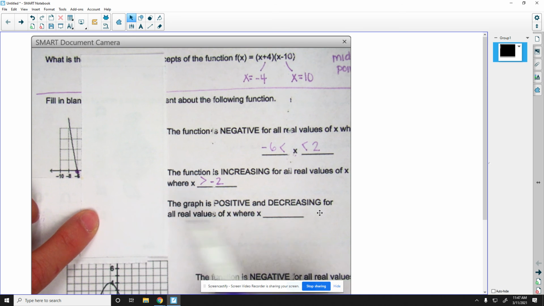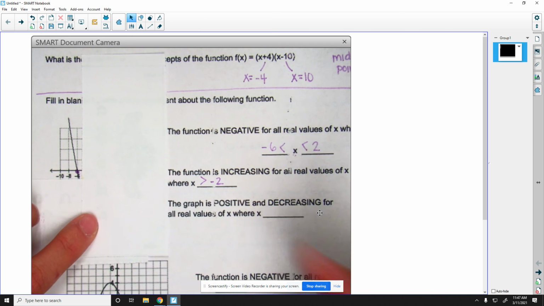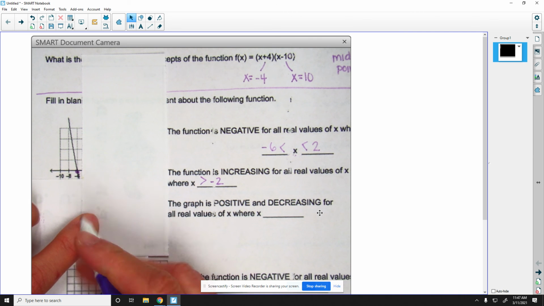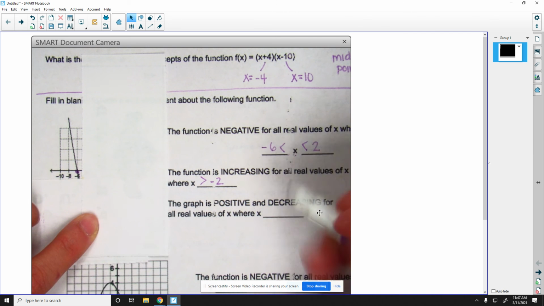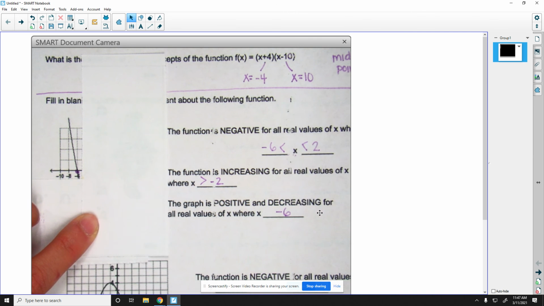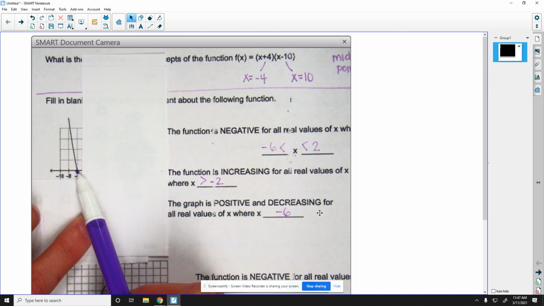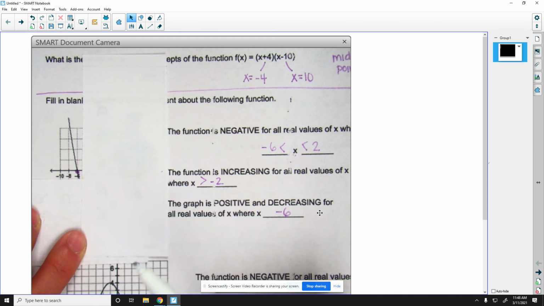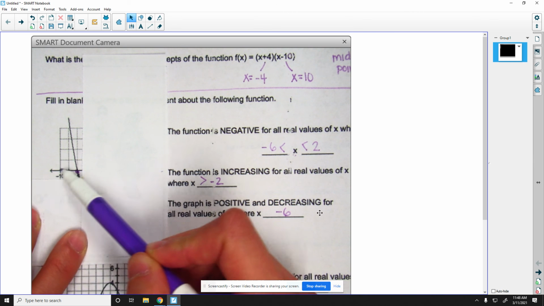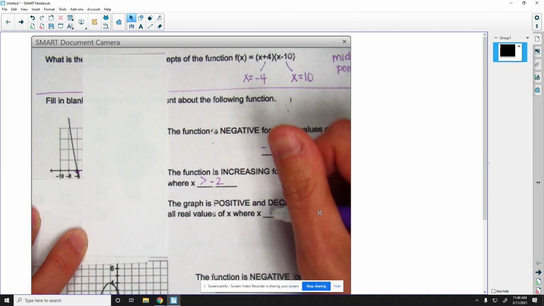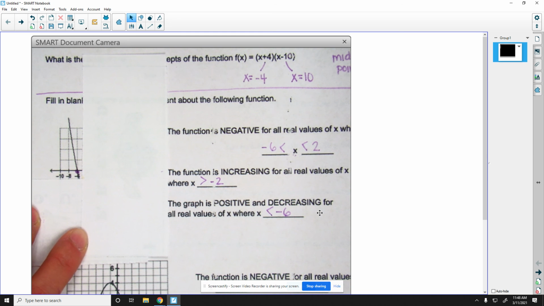So what is the number that I need? -6, right? Do you see how it's at the -6? Okay, but is x greater than? That would be to the right, or is x less than to the left? Hudson, what do you think? Less than, right? Because it's to the left. So it would be x is less than -6.